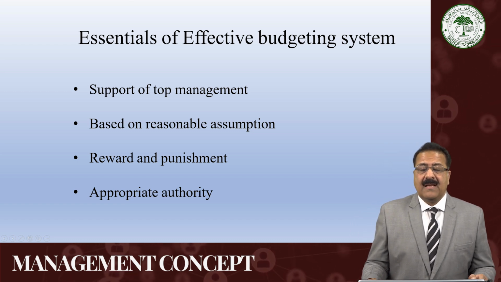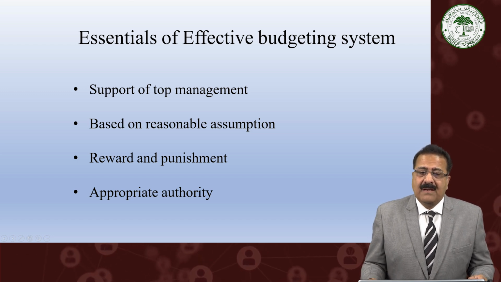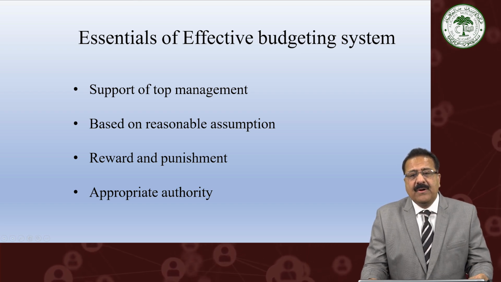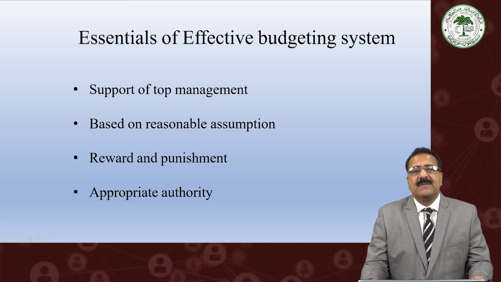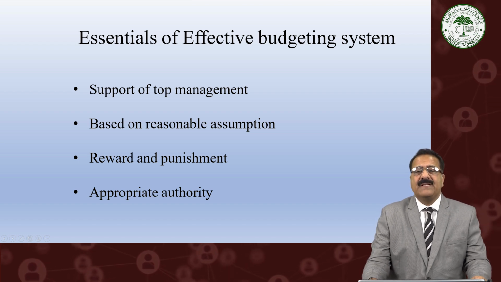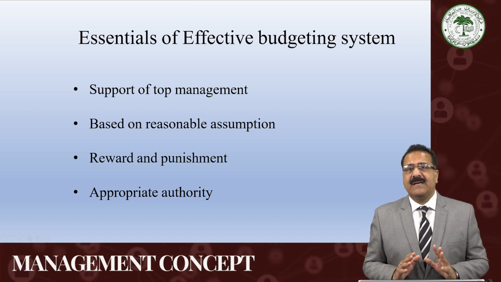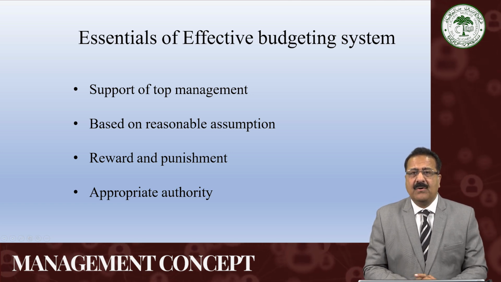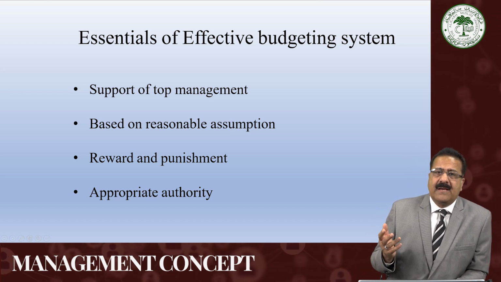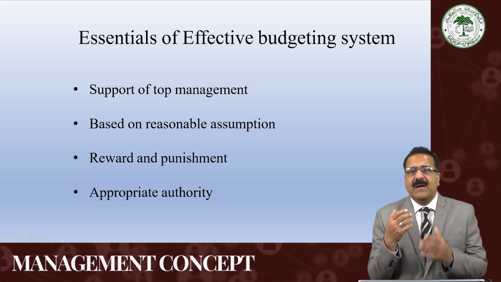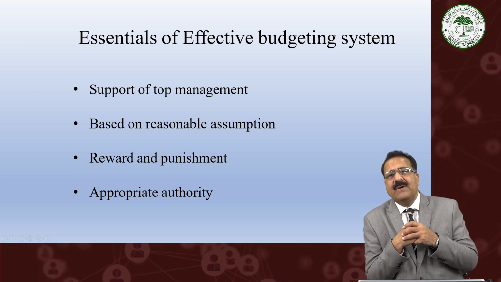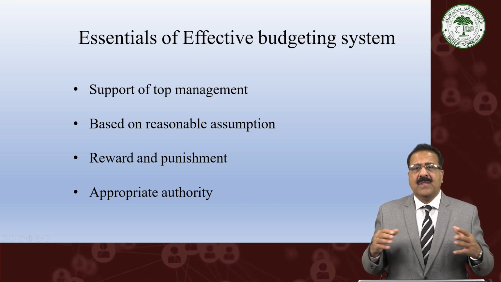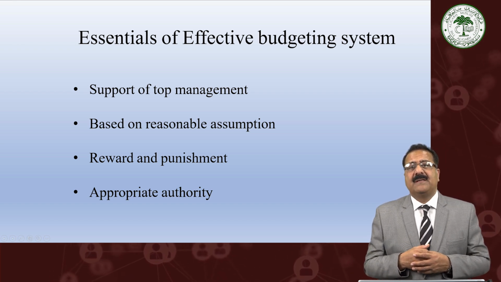And students, the authority should be in appropriate form, because in the absence of appropriate authority, the effectiveness of the budgeting system will not exist. That is why appropriate authority is also considered an essential aspect of the effective budgeting system. A person cannot work without authority in the organization. So if we give all employees a responsibility and we don't give them authority, they will not be able to take any important decision.